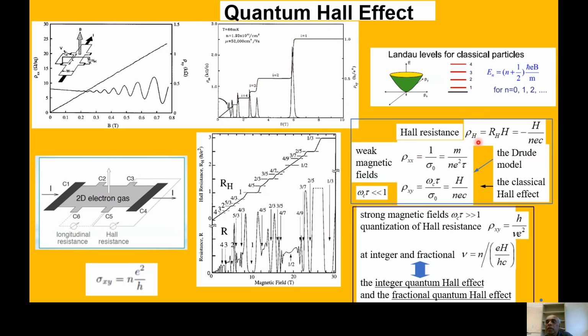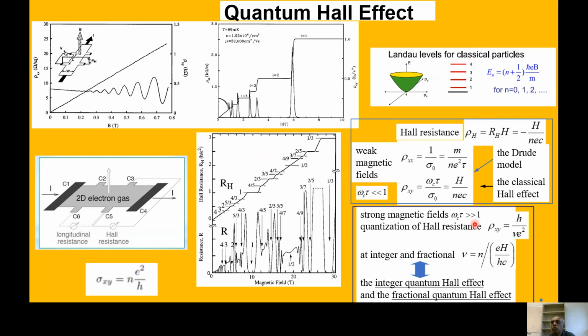So typically the Hall resistance is given by this one, right? That is this linear region. At low fields, your rho xx is given by the Drude conductivity, 1 over sigma 0. Then the Hall resistance has the linear dependence on the field, right?